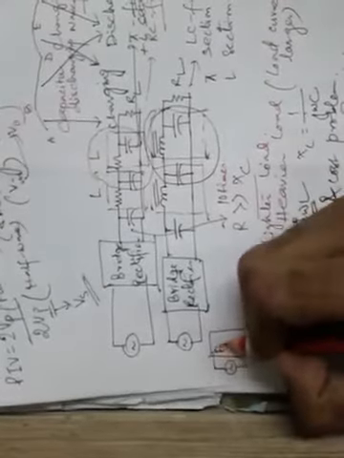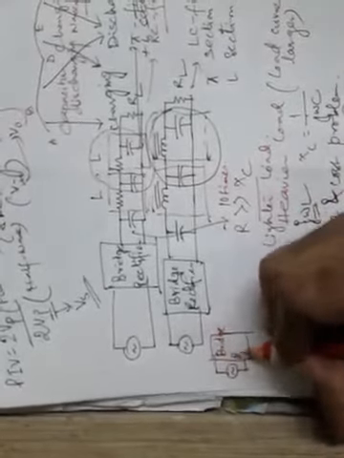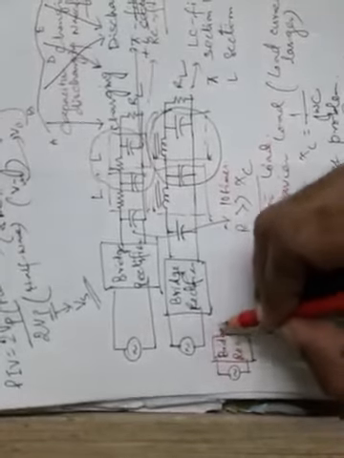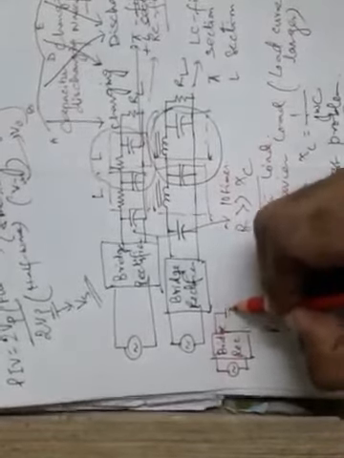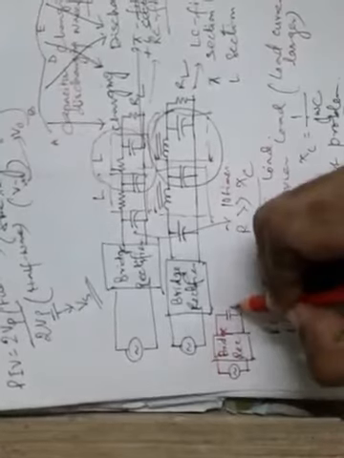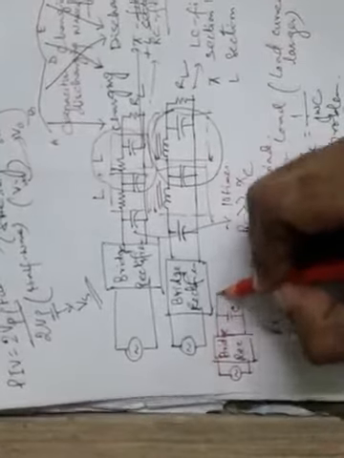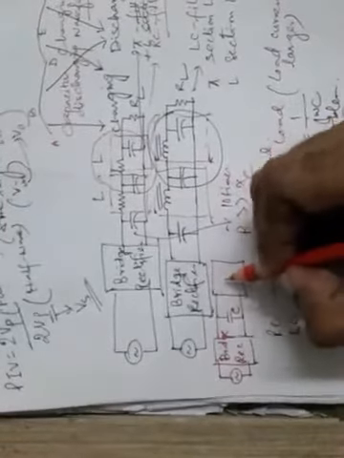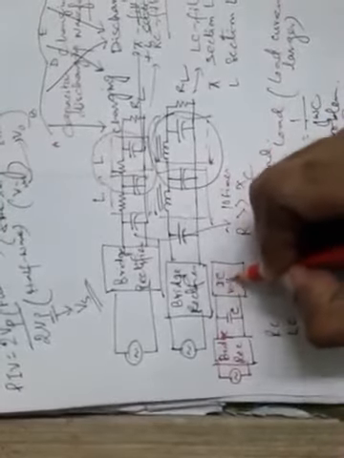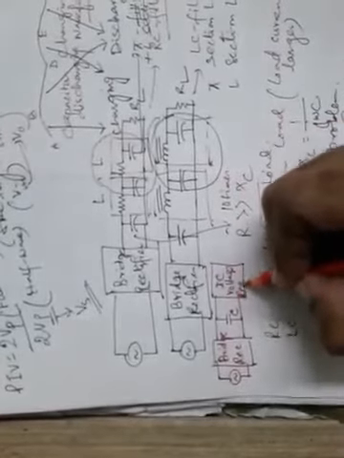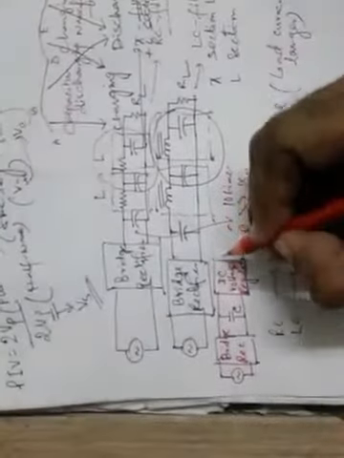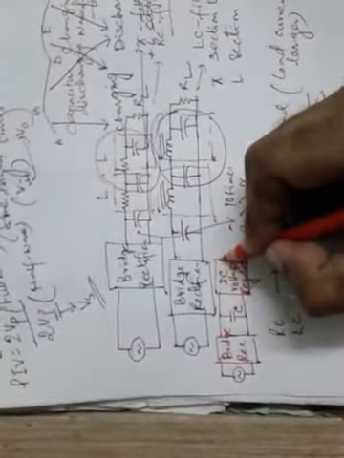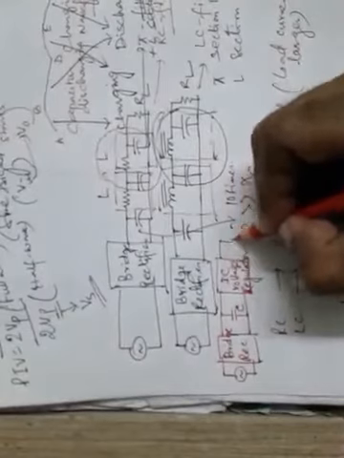AC source, bridge rectifier, at the output of the bridge rectifier a shunt capacitor filter is connected, and that is directly connected to a filter cum regulator which is called an IC voltage regulator, which does the filtering plus regulation, and then the load resistance is connected at its output.